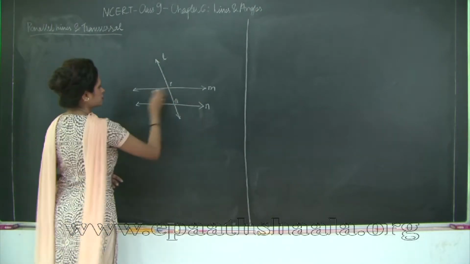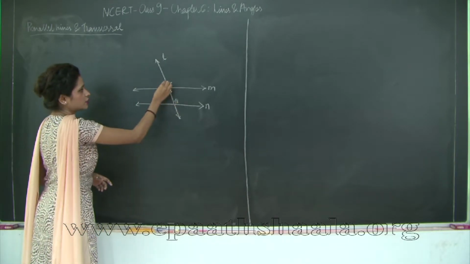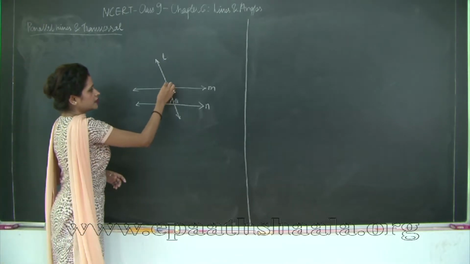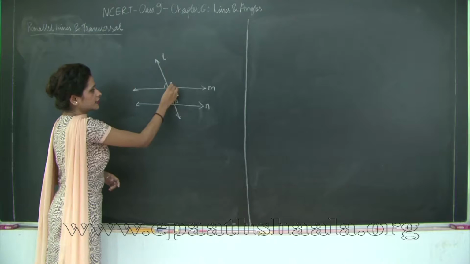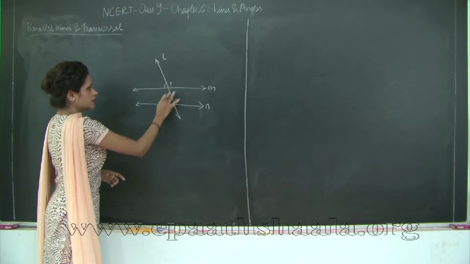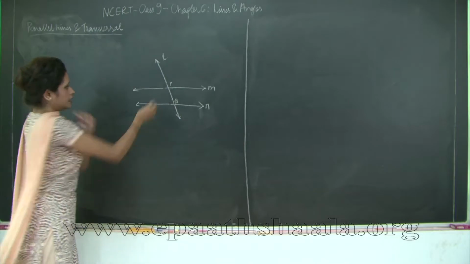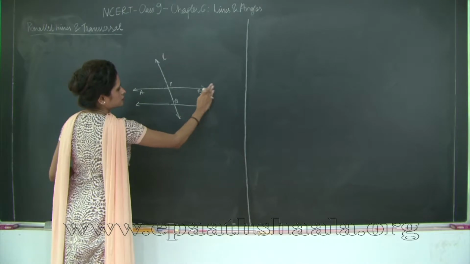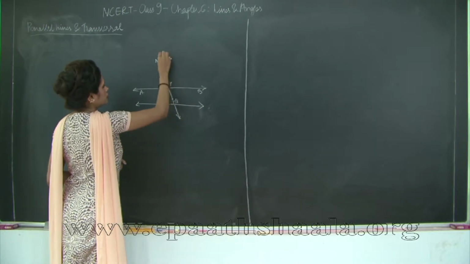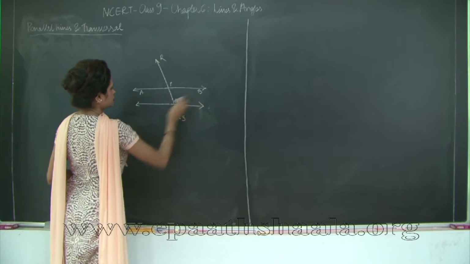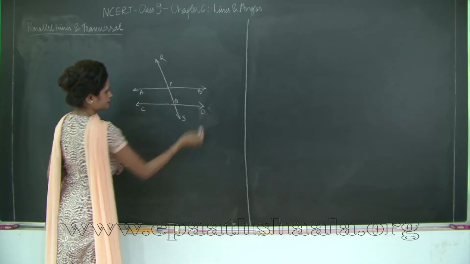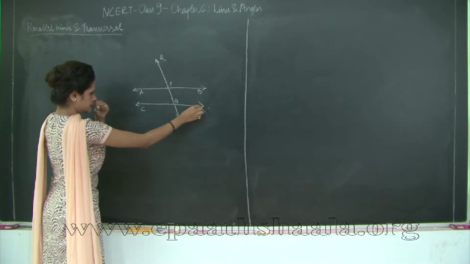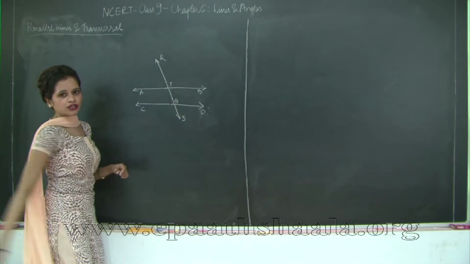Correct? First of all, these are parallel lines, therefore the corresponding angles are equal. These two angles are equal, right? But this angle is equal to this angle, why? Vertically opposite angles, correct? What we will do is give names to these lines and angles. So I'll say A, B, R, S, C, D. So I have transversal RS intersecting parallel lines AB and CD in two distinct points P and Q respectively.